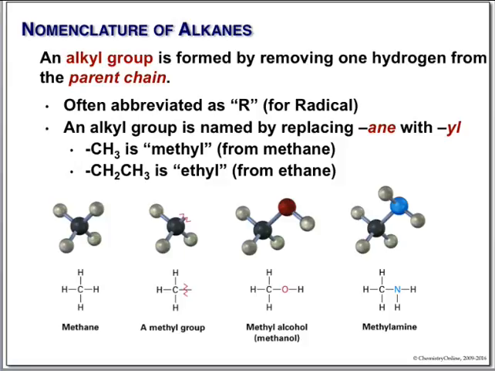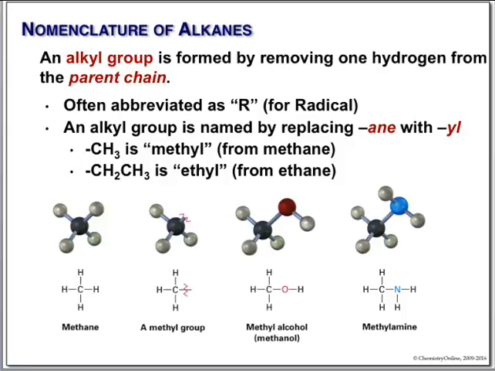And we're going to use the same basic nomenclature we did before. 1 carbon we said was methane. 1 carbon attached to something is methyl, Y-L. Y-L tells you it's attached. 2 carbons, like this, CH2, CH3. 2 carbons is an eth. 2 carbons attached is an ethyl.